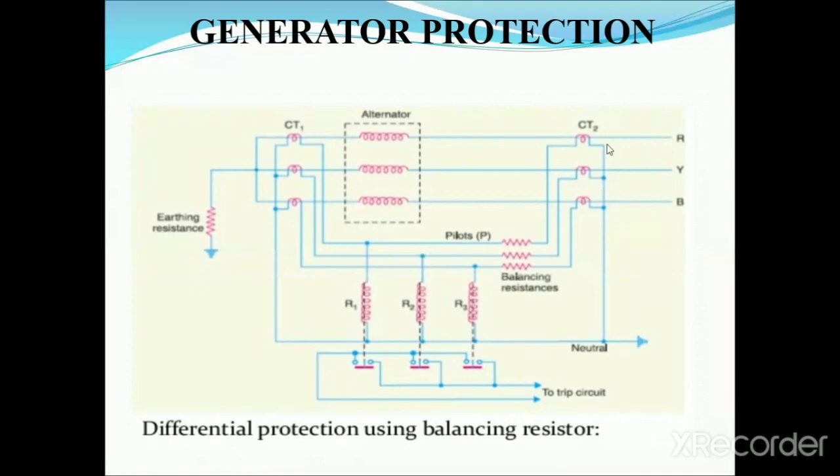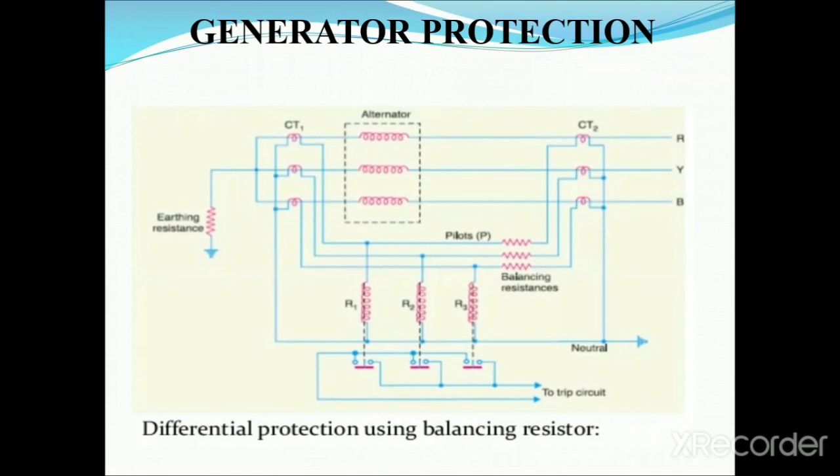Using differential protection like this, to bring the CTs to a balanced position, we use balancing resistors, so that the balances between the two CTs are not disturbed and stay in equally balanced conditions. Normal operating conditions, both the CTs are balanced together. That means there are no changes between the I1 current and the I2 current.